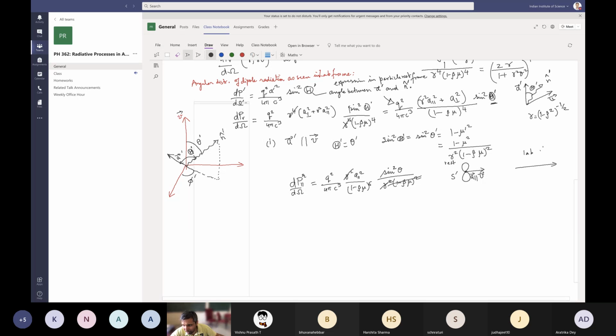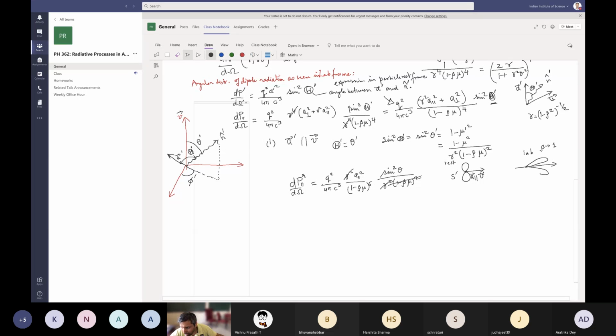And if we consider beta going to 1, particles are relativistic, then you see at theta equal to 0, you get 0 power. So there is no power at theta equal to 0, but you have these lobes.